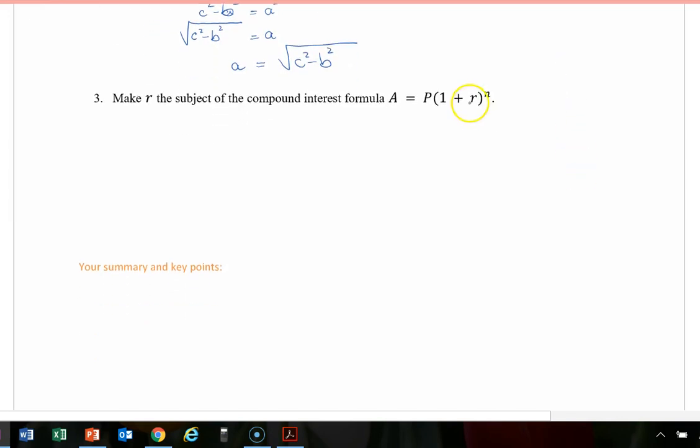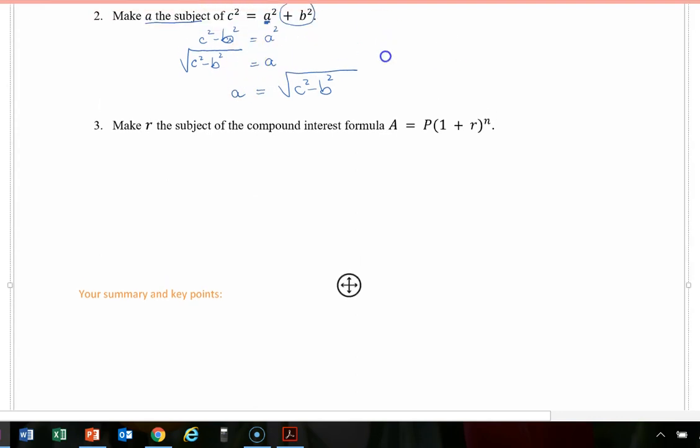Make R the subject. Now the complication here is R is inside a bracket, and we can't touch anything inside that bracket until we've removed the bracket, and the bracket is to a power. As you did here, when we had A squared and we went down to A, we took the square root.